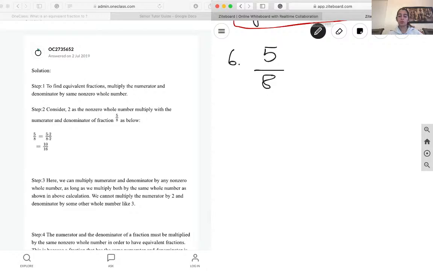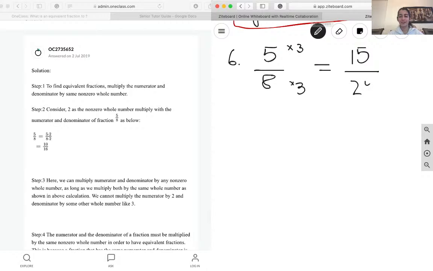Over here, we can take another number, let's say 3. We multiply the top by 3, and we also have to multiply the bottom by 3. So that results in 15 over 24.